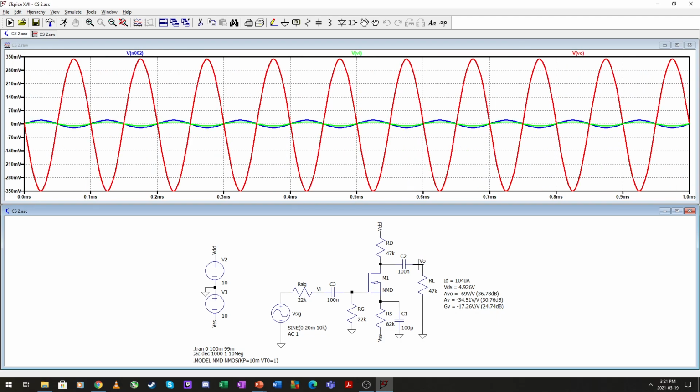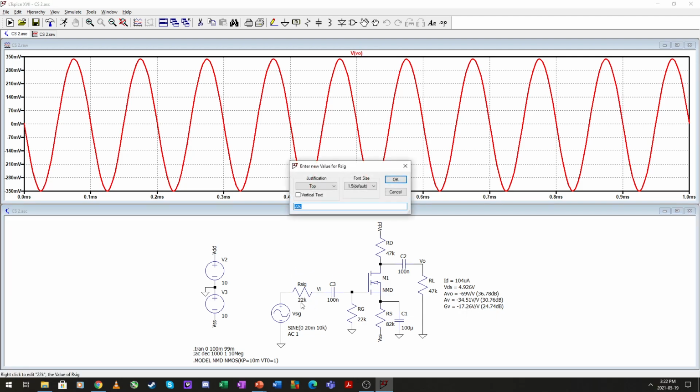And here is our output waveform, also half because of this resistor here being matched with the output impedance. Okay, so this is that minus 17.26 volts per volt.